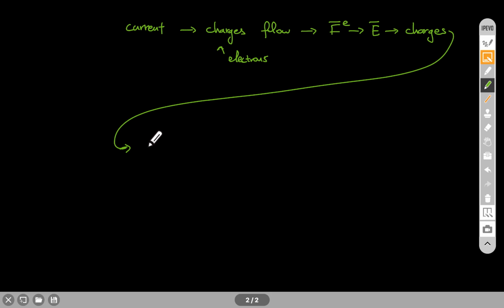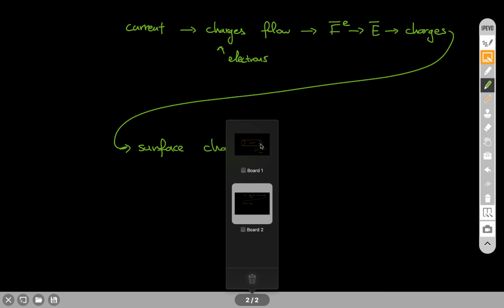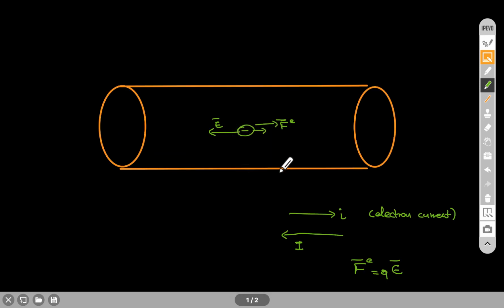If you remember, in a conductor, all excess charges will need to be on the surface. You will not find any excess charges in the interior of a conductor, such as a wire. So I'm going to go back now to my conductor. I need to use surface charges in order to create an electric field that points to the left.